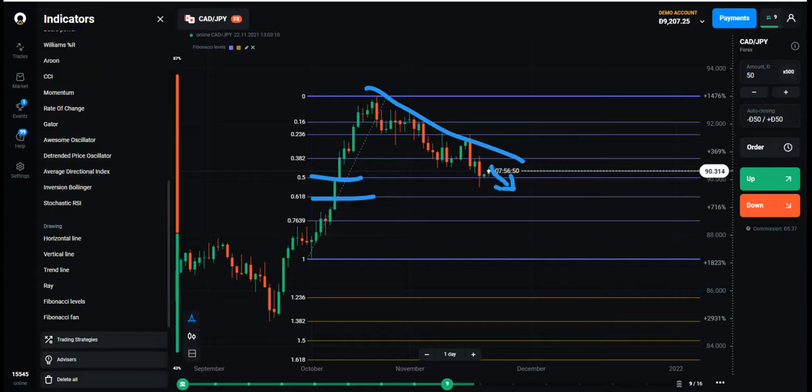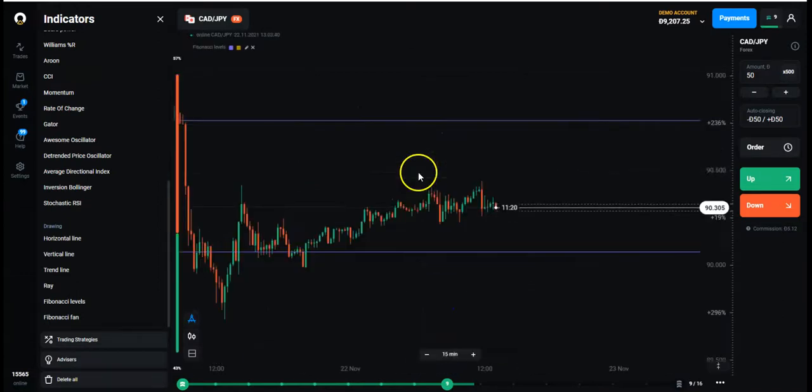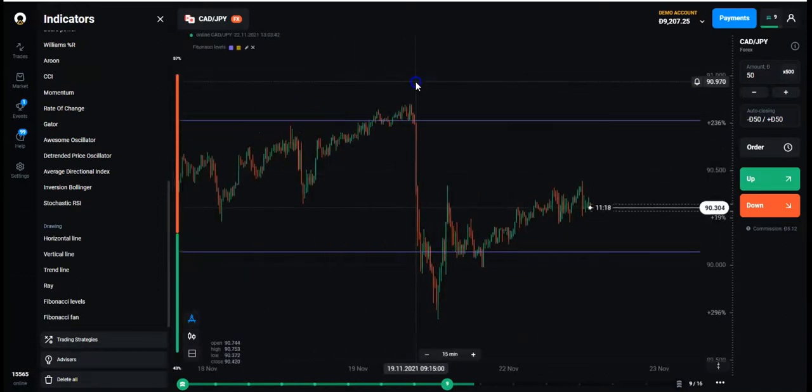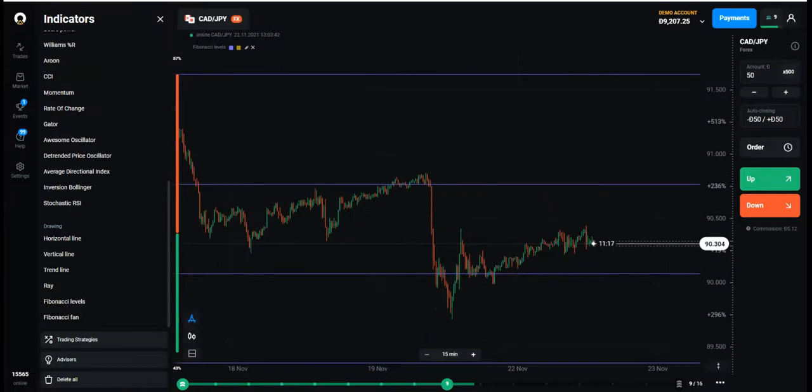I've got this trend on the higher time frame. So now I'm going to look at the lower time frame and see what the picture is there. We've got the 15-minute here, which clearly had the very obvious momentum move down. We had that bounce and the retracement, and now we are teetering around, not moving much at all.